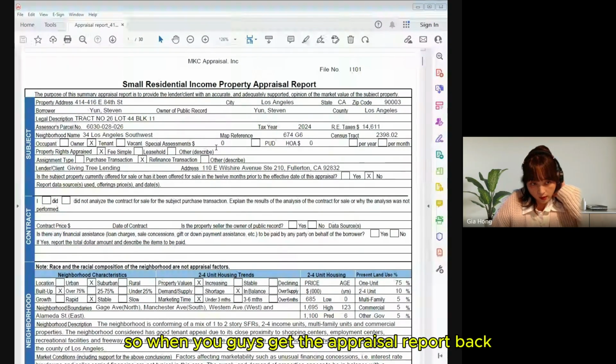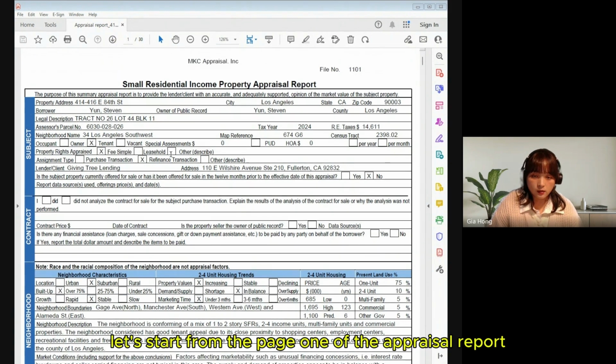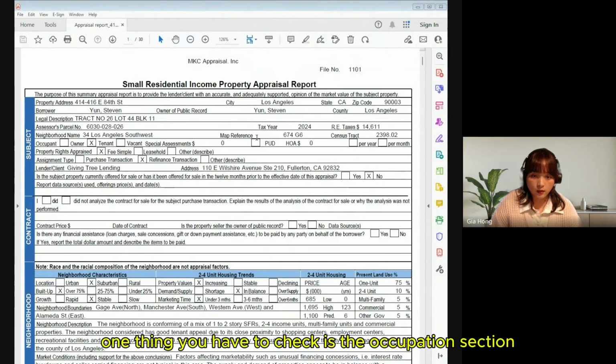So when you get the appraisal report back for an investment purchase, refinance, or any kind of investment transaction, there are a few sections that you have to look for. Let's start from page 1 of the appraisal report. On page 1, one thing you have to check is the occupant section.